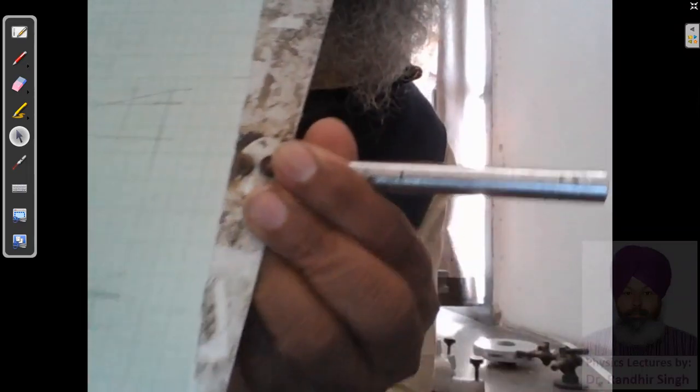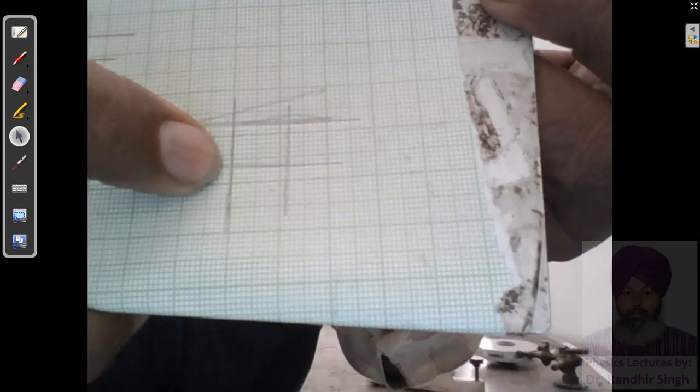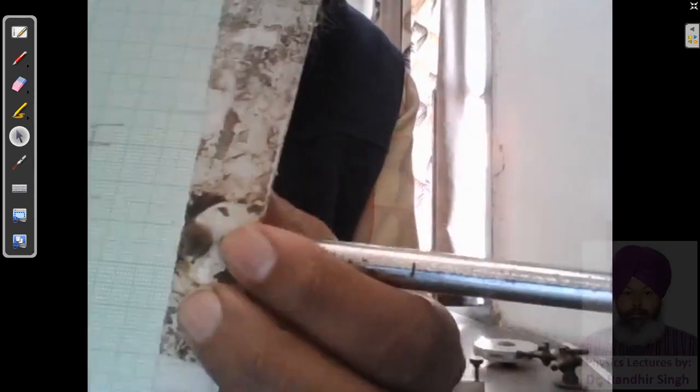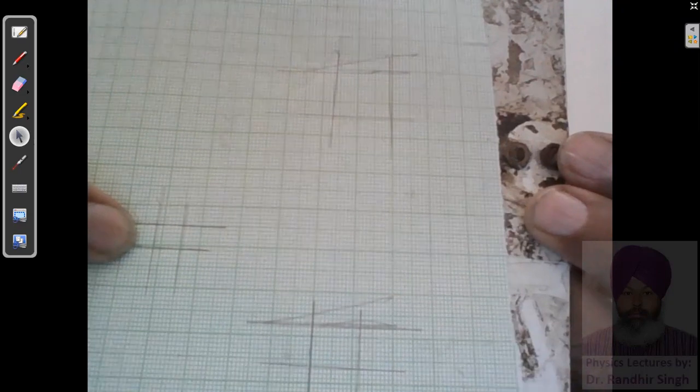This one is of medium size and it is at a distance of 4 meters. And this one is of the smallest size and it is at 2 meters.